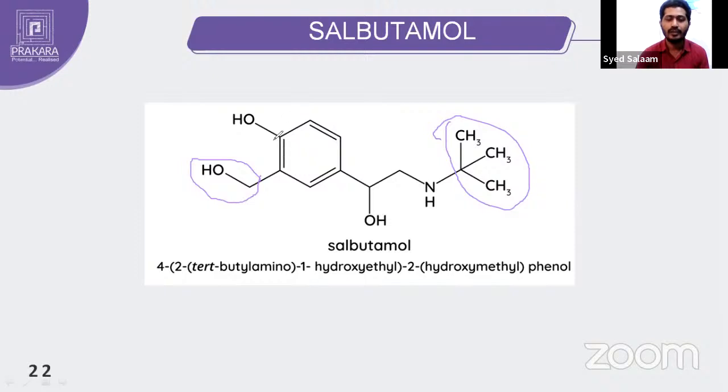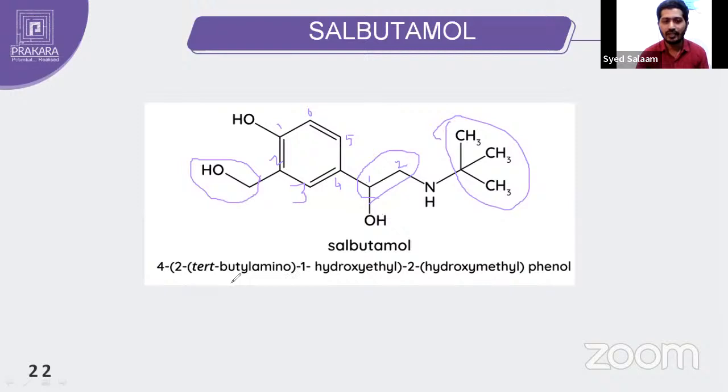If we go towards the numbering here, 1, 2, 3, 4. Because we are giving the IUPAC name through phenol, we are giving the name in this way. So keep this in mind. On the fourth position of phenol, we are having an ethyl linkage. On the second position of the ethyl, 1-hydroxy ethyl, this is ethyl.